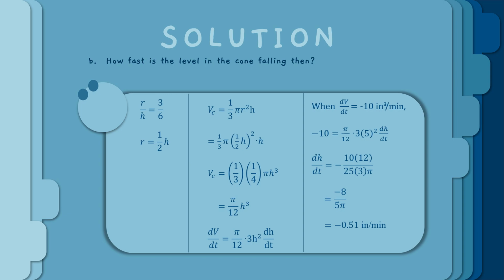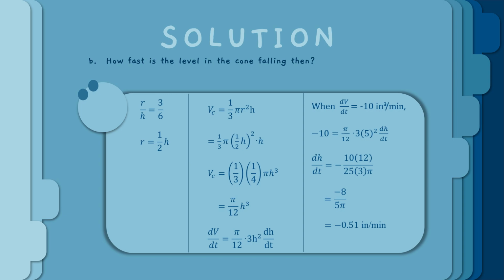The second solution is to find how fast the level in the cone is falling. We need to find the radius of the cone. They are given that the radius of the large cone is 3 and the height of the cone is 6, and we simplify it to R equal to 1 over 2 H. V equals 1 over 3 pi R squared H is the volume of the cone, and we insert the radius that we just found.